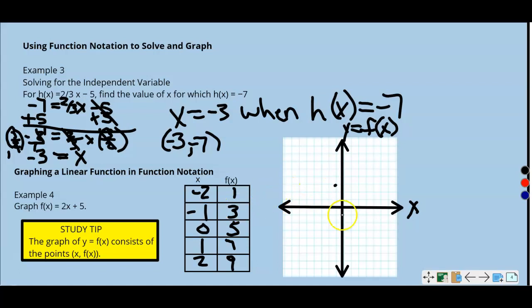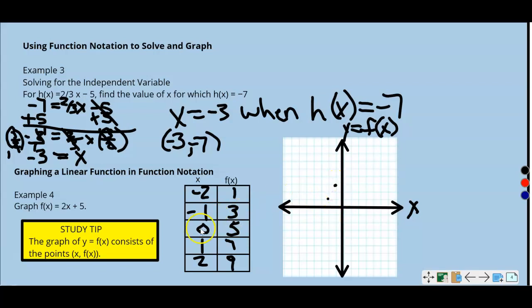I read that completely wrong. I skipped the first point. Well, I can leave it there. Let's go to the first point: -2, up 1. I already graphed the point -1, up 1, 2, 3.